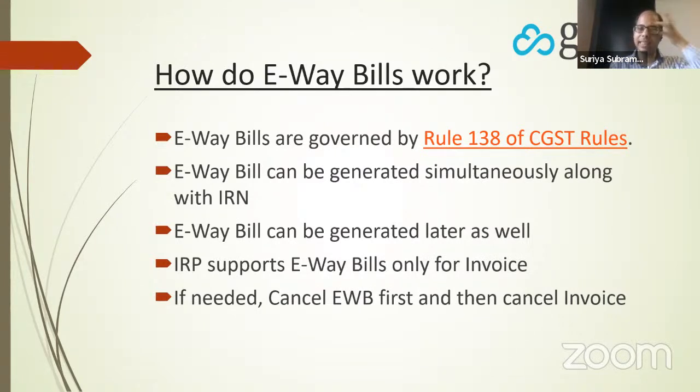When you generate the e-invoice, the details for the e-way bill are already available with the e-way bill portal. You can generate the e-way bills simply by entering the vehicle number. There are also people who generate e-way bills simultaneously along with generating e-invoices. While generating e-invoices, you can generate e-way bills also. So that facility also exists.